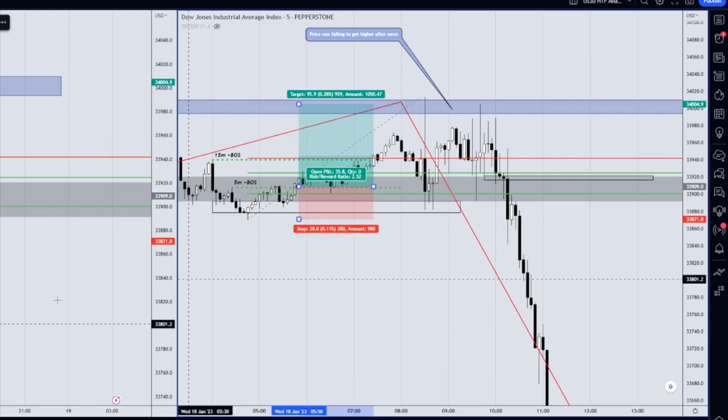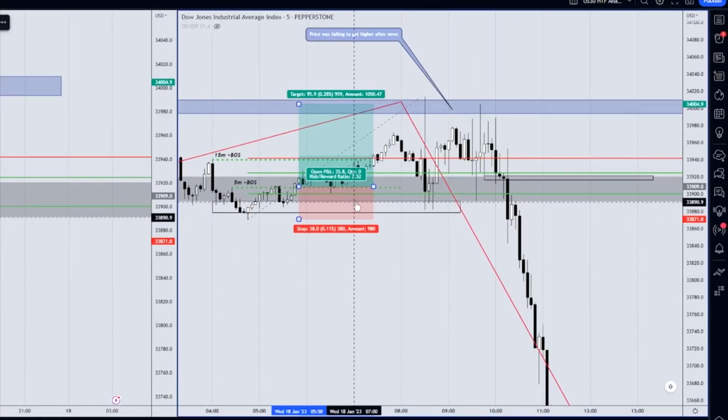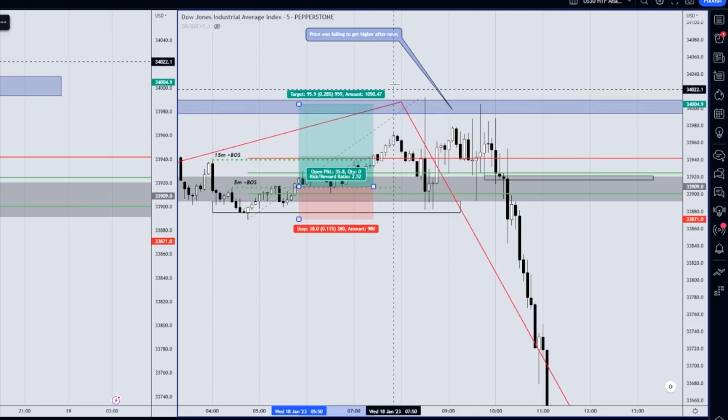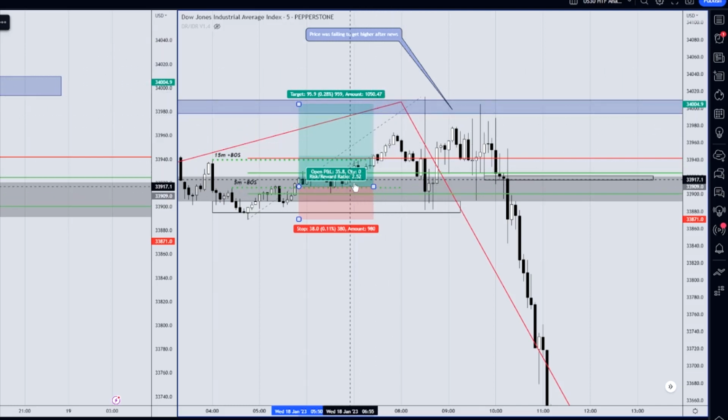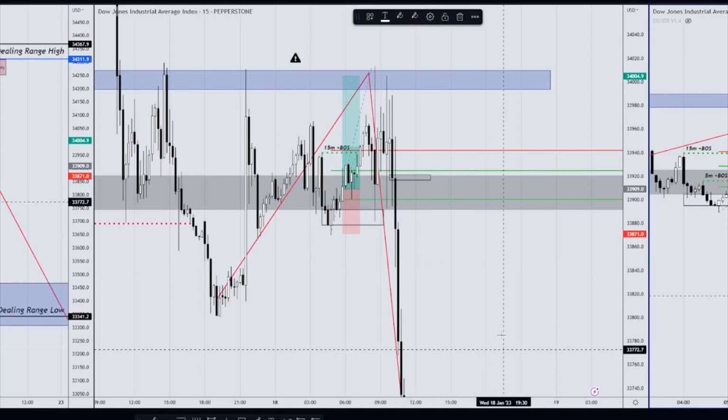So a very low risk strategy. Sorry, high risk strategy, I would say. Low probability trade. You need more confirmation, I think, on the 1 hour to go bullish. So that was high risk.